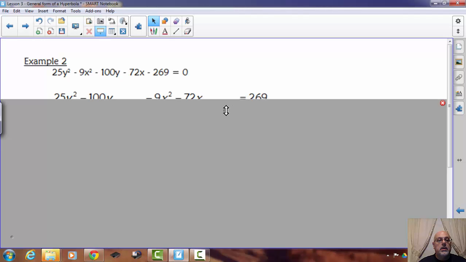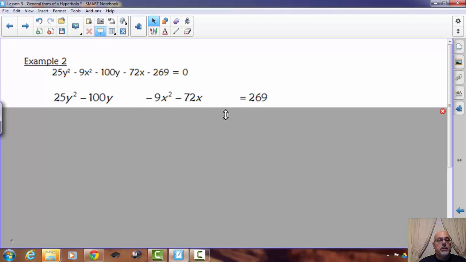So we're going to group the terms. Now, the y squared term is positive, the x squared term is negative. So you're going to put them in that order, not necessarily the x term first, because in a hyperbola, one of the terms will be negative. That goes second.